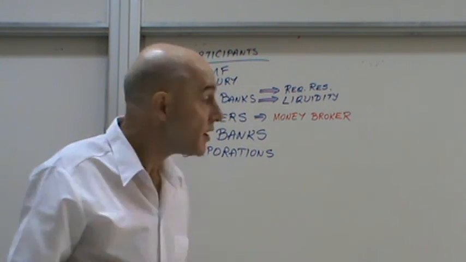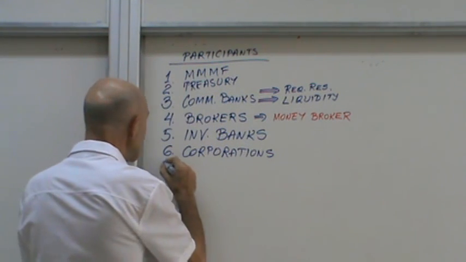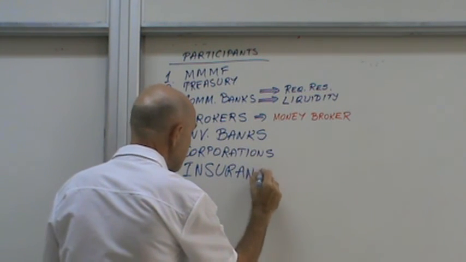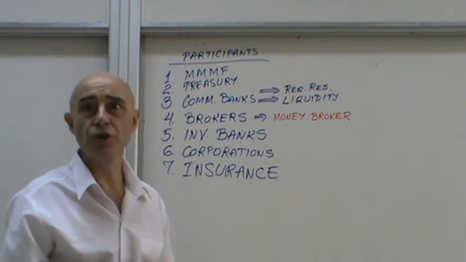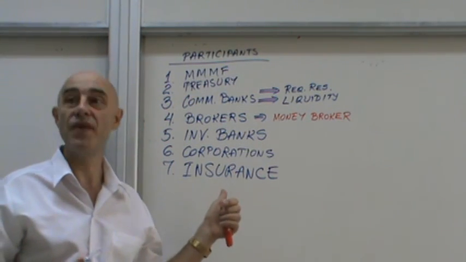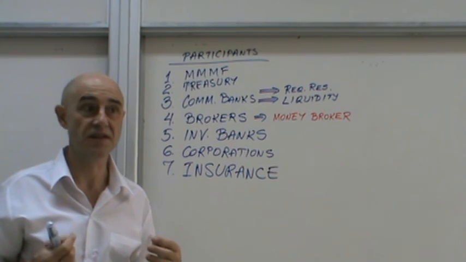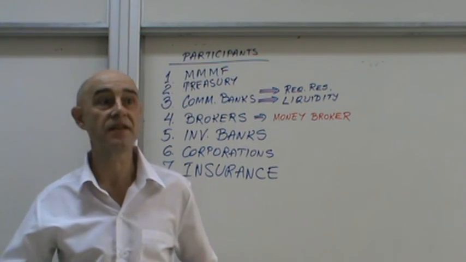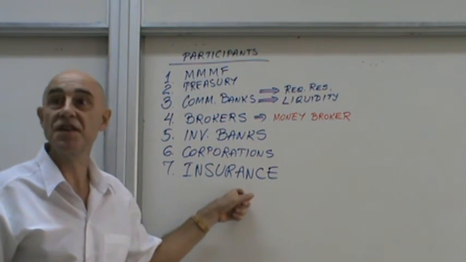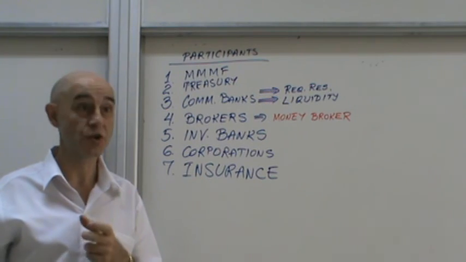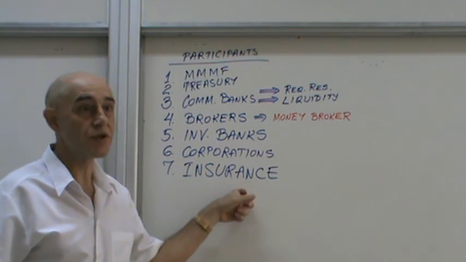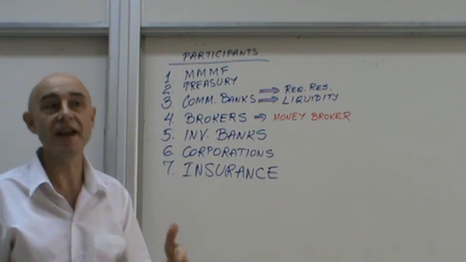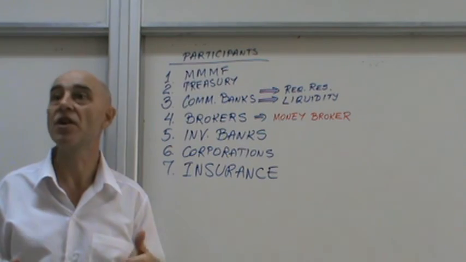And finally, you will have a lot of insurance companies. Now, insurance companies usually invest. Insurance companies, as we'll get to in the next lecture, will be investing in bonds, which are long-term instruments, but they would also occasionally invest in money market instruments. Again, the same old story: to manage their liquidity.